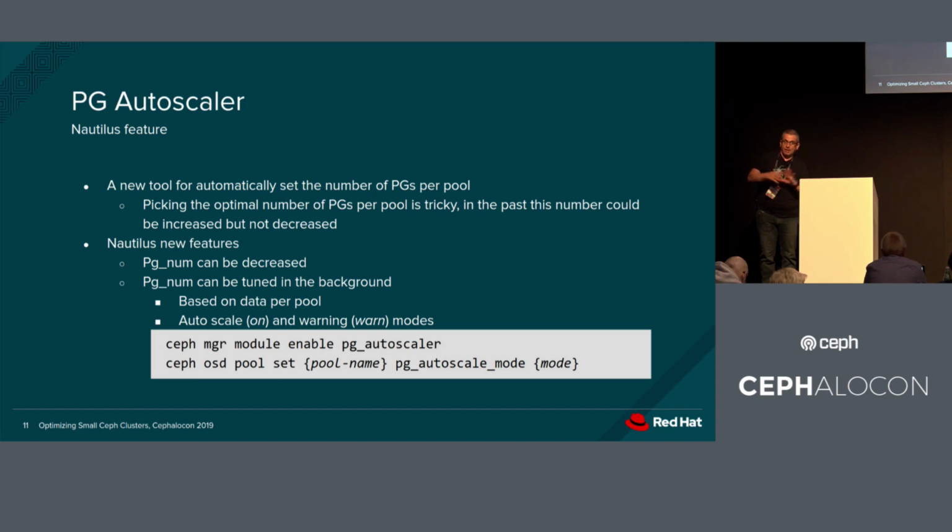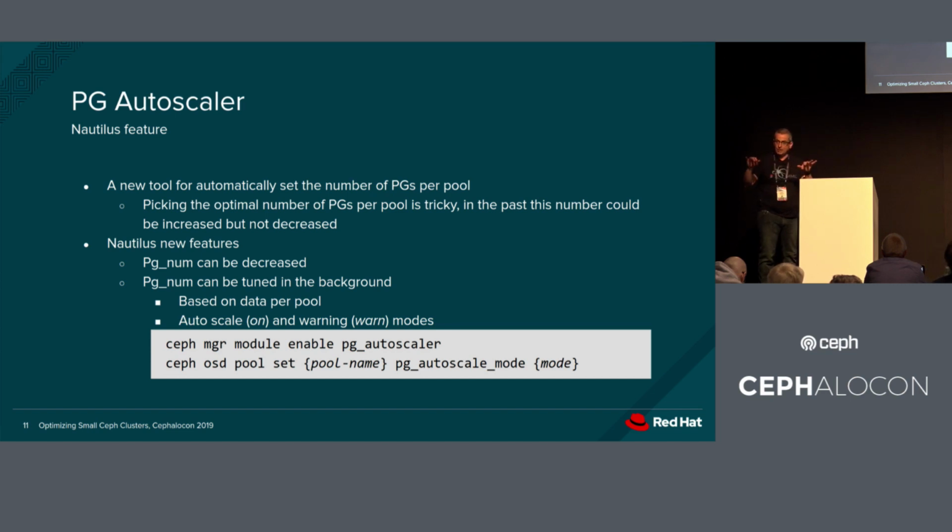So take my use case: you are writing an e-commerce application, and everything works fine, and then Black Friday comes, and you have a lot of traffic, and the system decides that you need more PGs, and the data starts moving in the background. If you are sensitive to your performance, use the warning mode.